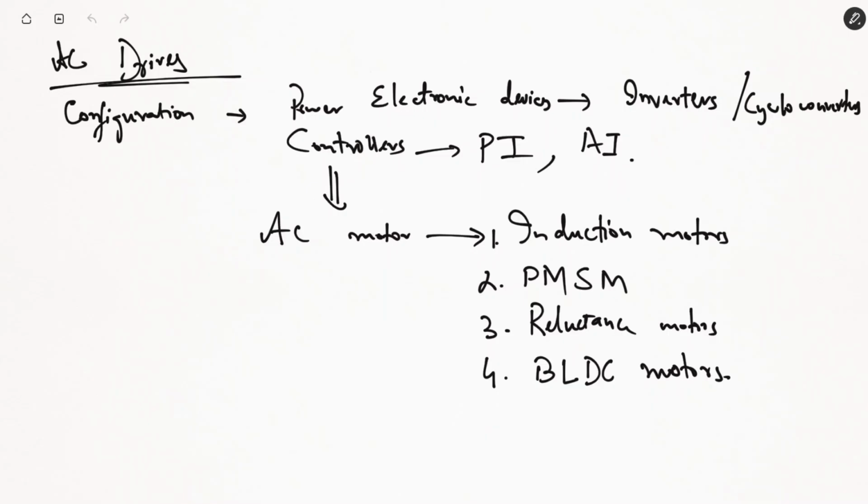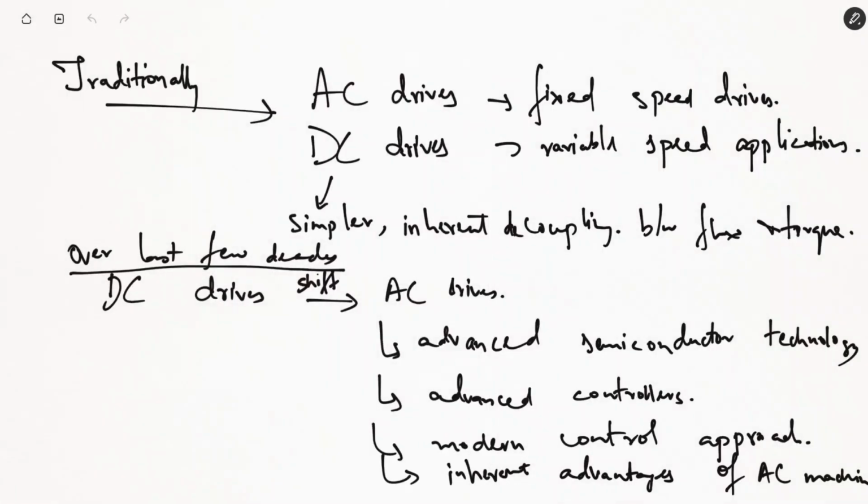As far as the AC drives go, they are much more complex than a DC drive. The mathematical model that we'll be studying in the next class, a dynamic model of induction motor, is much more complex and new to you, that you have not studied previously. Now, besides this, we discussed how we shifted from DC drives to AC drives. What were the reasons that led to the shift from DC drives to AC drives?